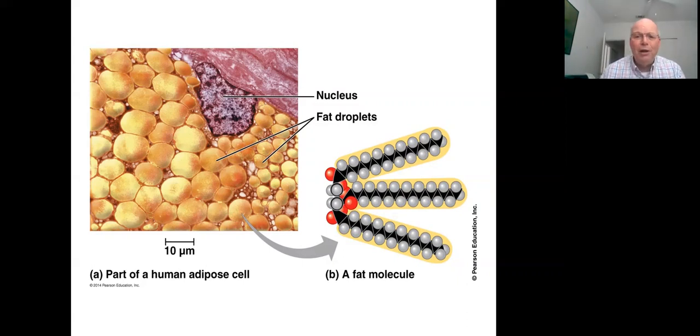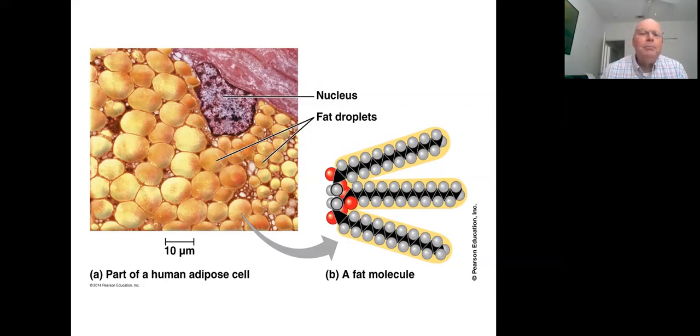Now, the fact that fats are hydrophobic and don't dissolve in water actually is not a problem, because when we look at the role of fats in cells, which we'll start to do again next week, you'll realize that the insolubility of fats in water actually is a property that we need because of their role in cells.